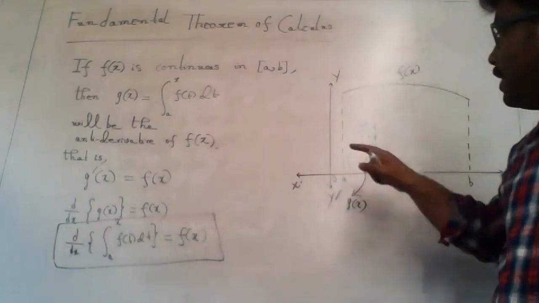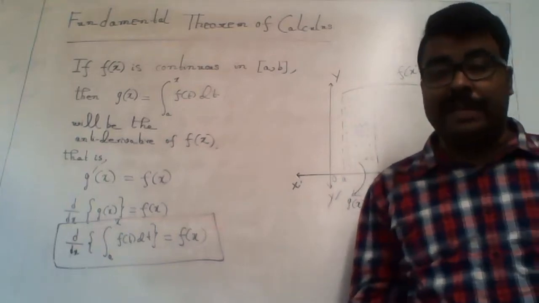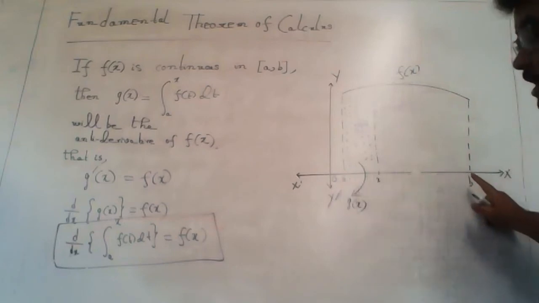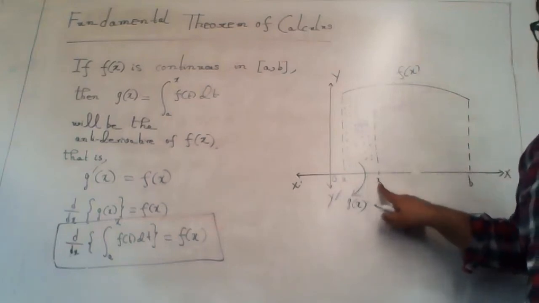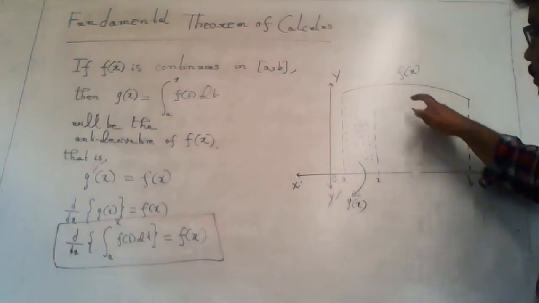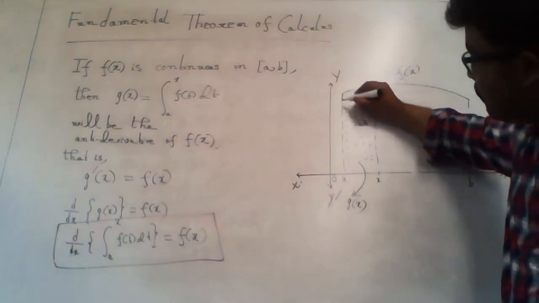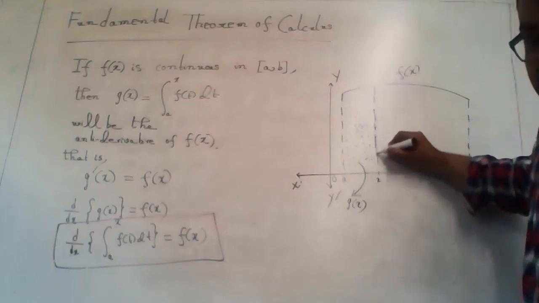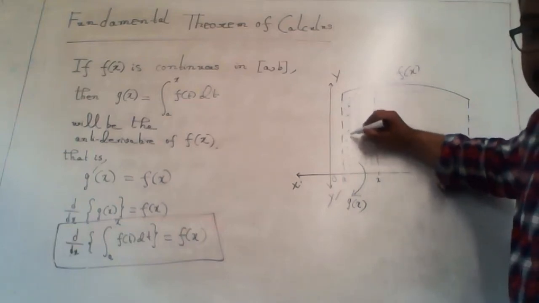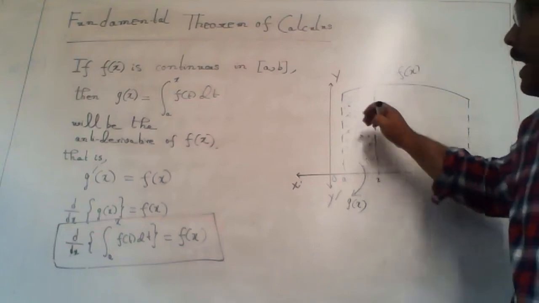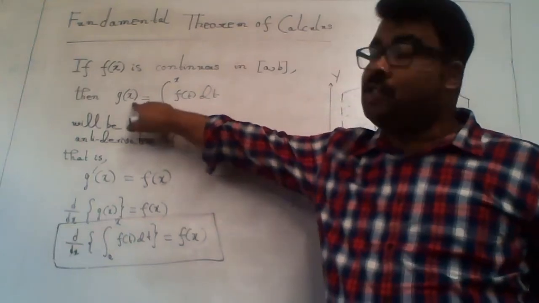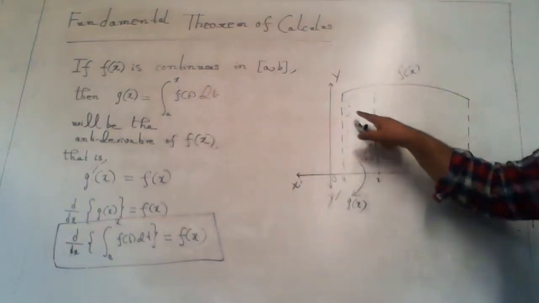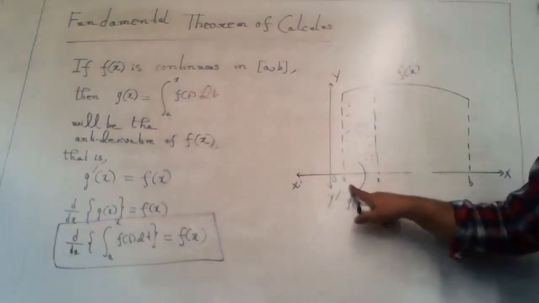And if we want to geometrically understand the fundamental theorem of calculus, take a function f(x) defined in the interval [a, b], then take a point x between a and b, and compute the area of this whole strip, and denote this area by g(x). g(x) is the integral from a to x of f(t) dt, that is the area bounded by this function in the interval a to x.